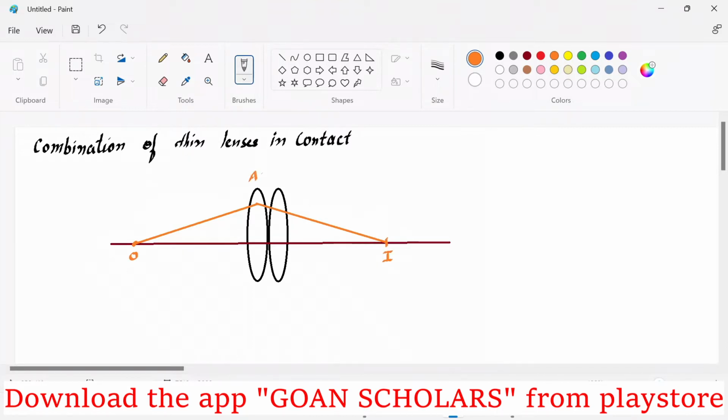This is lens A, this is lens B. Now we know from our previous lectures that this image I was not at this place if there was only lens A. If there was only lens A, then the image must be formed somewhere away from the current position. So here it will be I1. I hope this is clear.